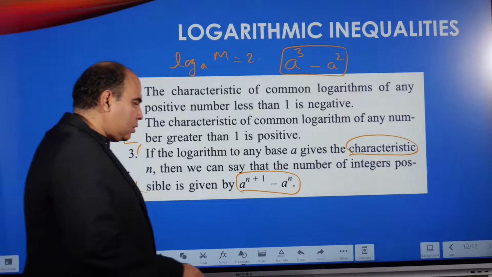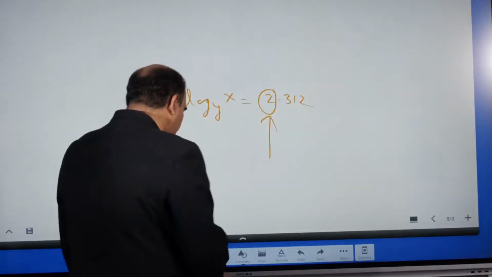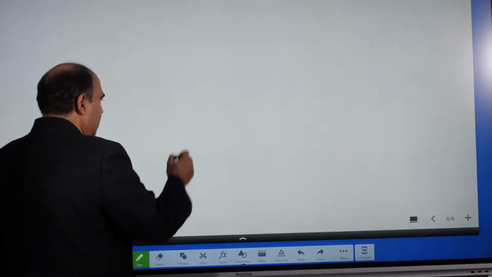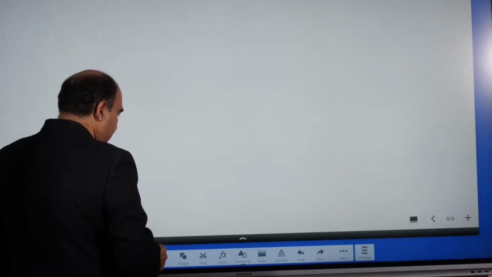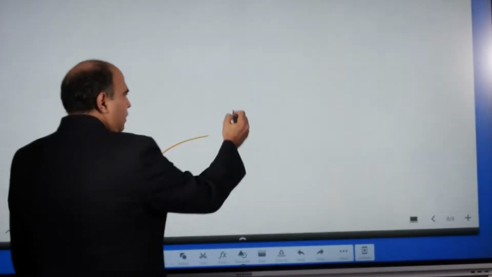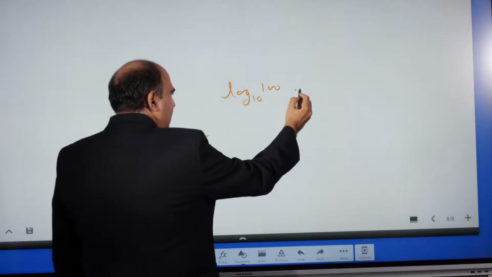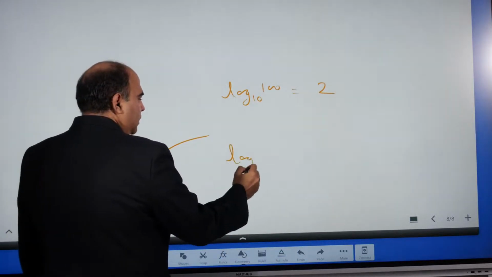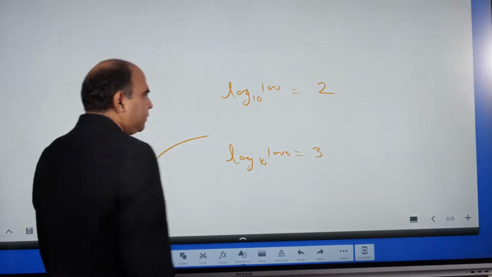So this is used very commonly in the base 10 situation. You can also think about it this way: the log curve never comes down. Log curve is always going up. It's always an increasing curve. So log 100 to the base 10 has a characteristic of 2, and log 1000 to the base 10 has a characteristic of 3.